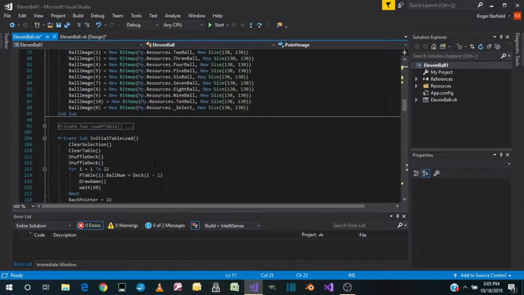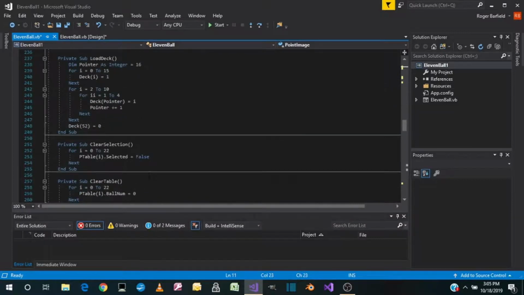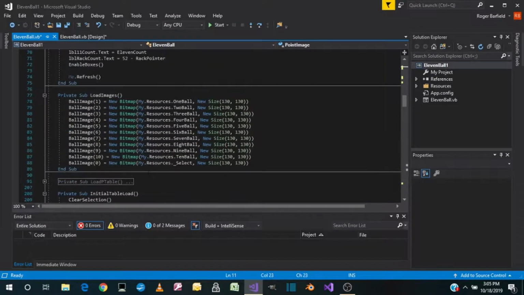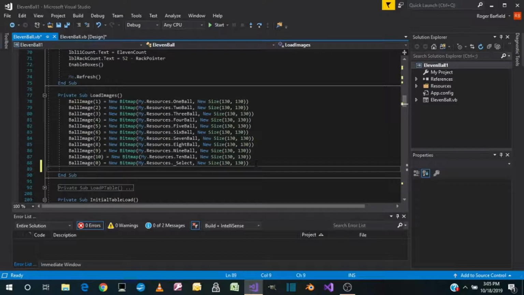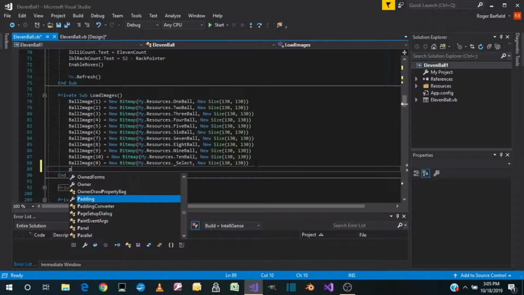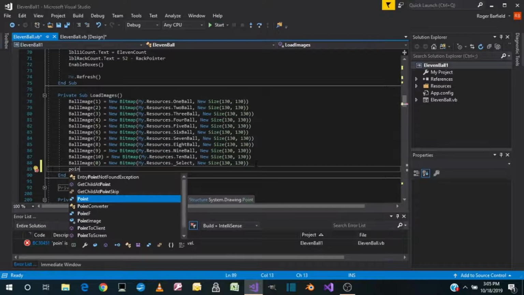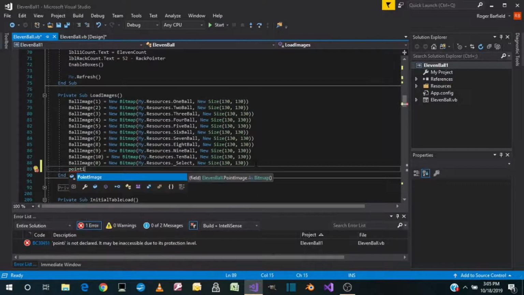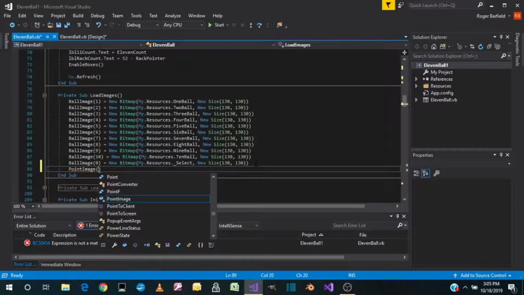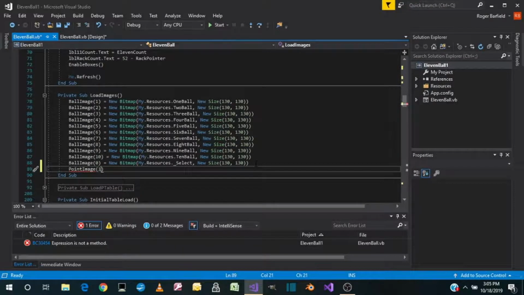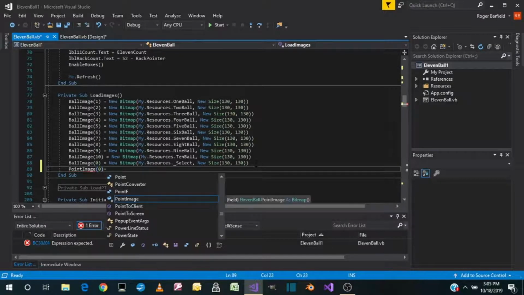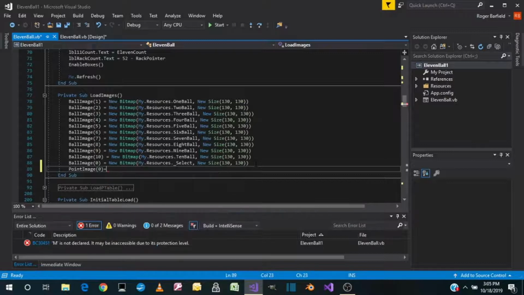Gotta find our bitmap. Well, that was it right there, wasn't it? Yep. So let's load some more. Point image, no, starting with 0, equals, I think we call them, let's see.